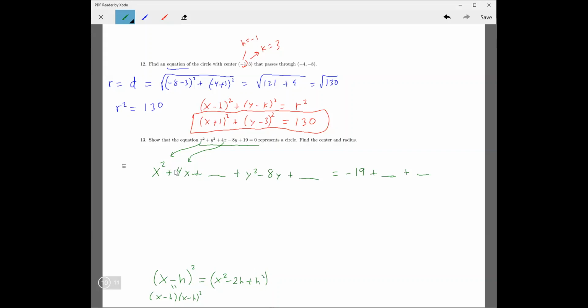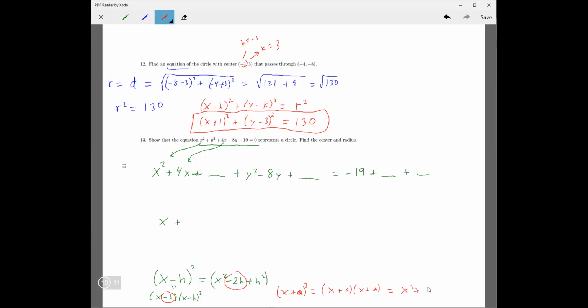Okay. So the key is, you'll notice here you have a minus 2h. So if you have a minus h, then it'll be a minus 2h. Likewise, if I take x plus a squared, for example, that's x plus a times x plus a.